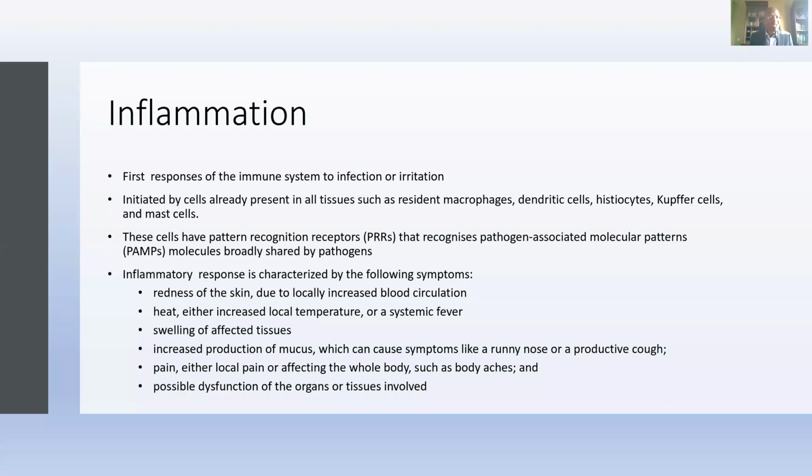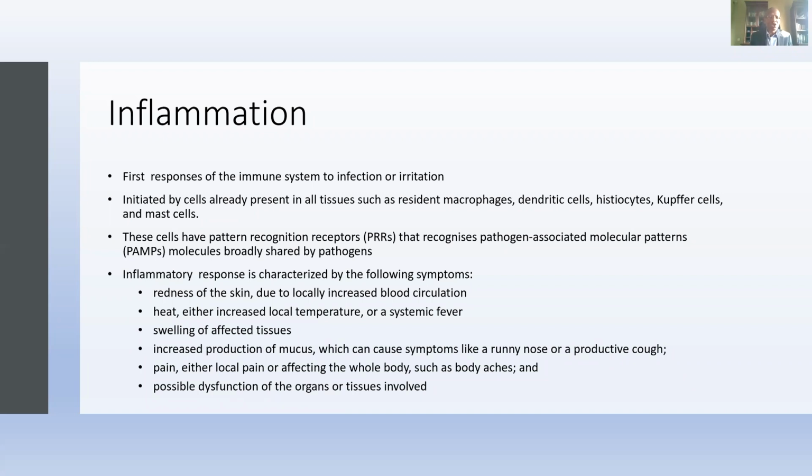They swell. This is an immune response. All this swelling is trying to protect against the pathogen being disseminated into the entire body. So a layer will form around that pathogen, causing the swelling.